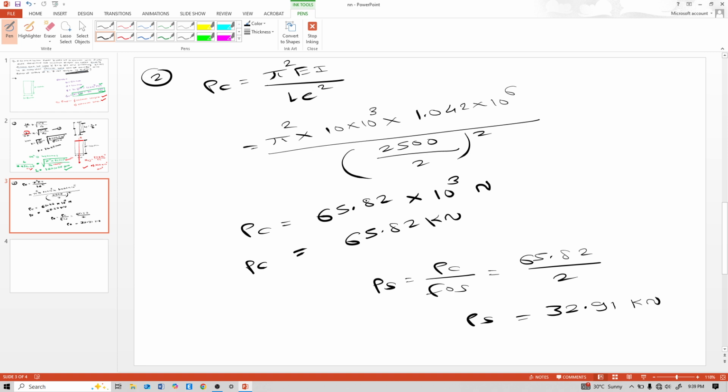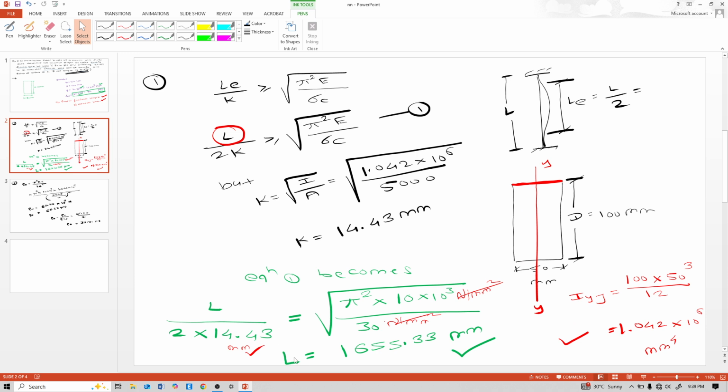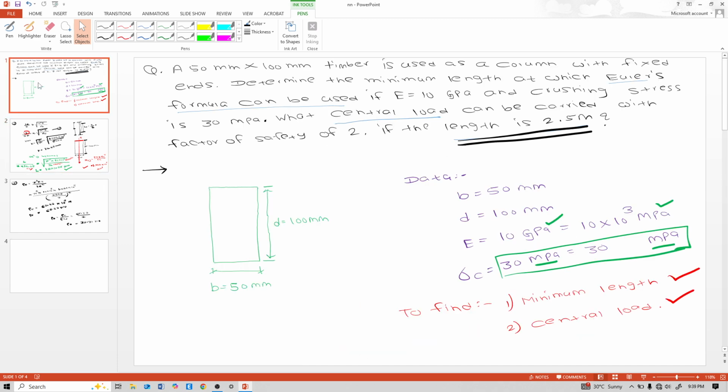This is the safe load for that 2500 mm length fixed rectangular timber column, and the minimum length at which Euler's formula is applicable is 1655.33 mm. So that is how we solved this numerical.